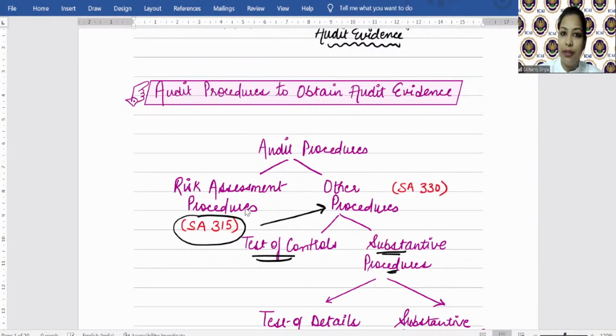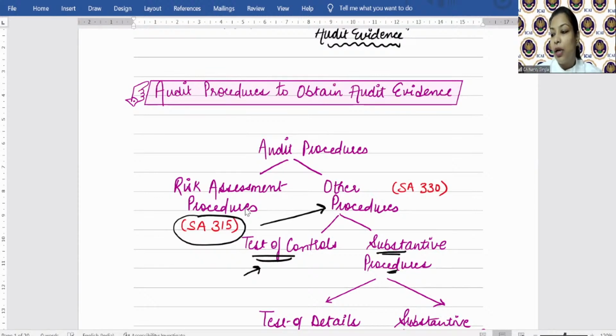And substantive procedures. With respect to test of controls, we have discussed in the last session that these are the audit procedures to test the operating effectiveness of the controls, whether they are able to what? Prevent or detect and correct material misstatement at the assertion level.